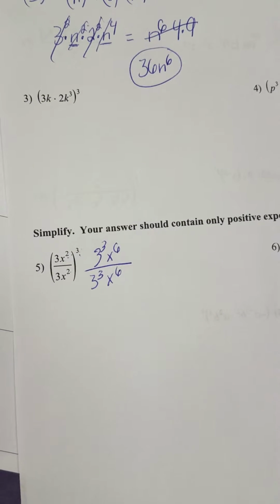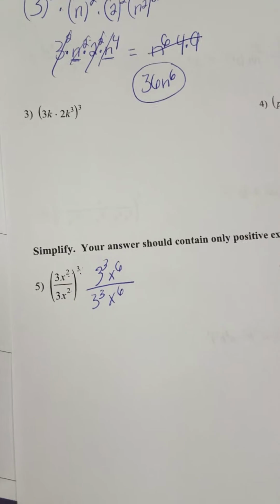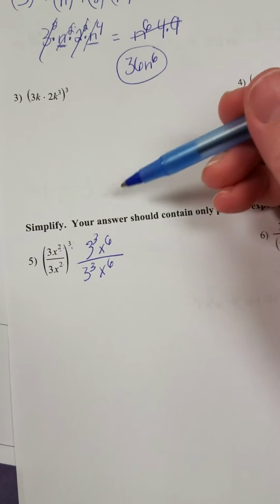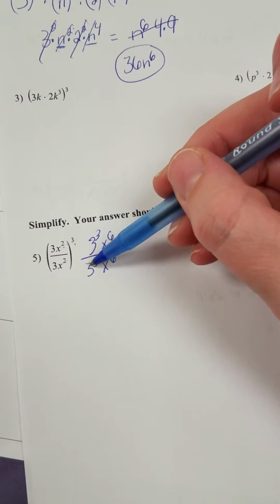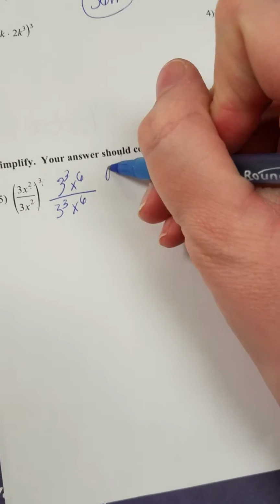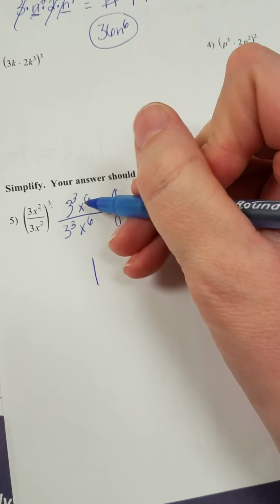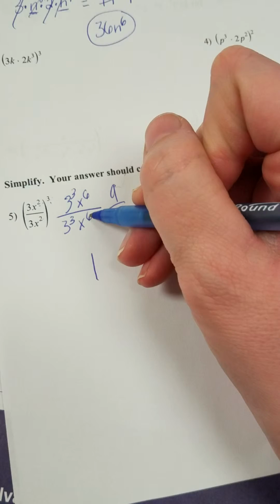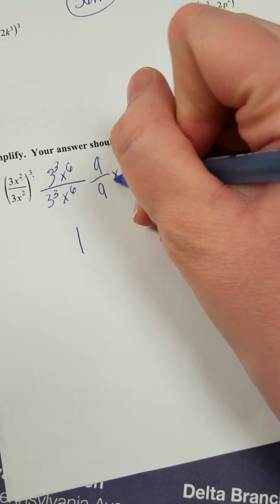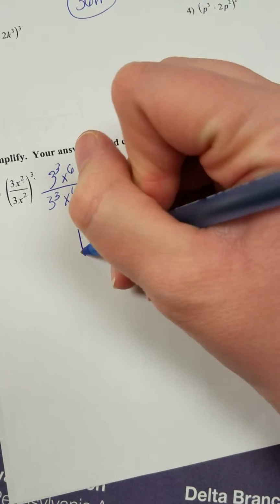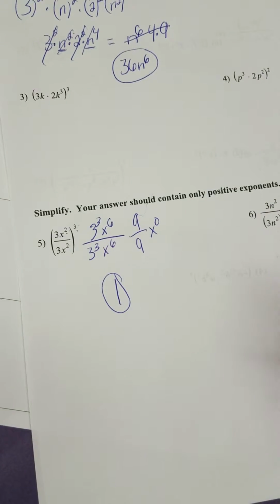What is nice about this one is it's a really easy one. So you're going to end up with 9 over 9, right? 9 divided by 9 is 1. Okay. 6 minus 6 is 0. Anything to the 0 is 1. So we end up with 1. Yay.